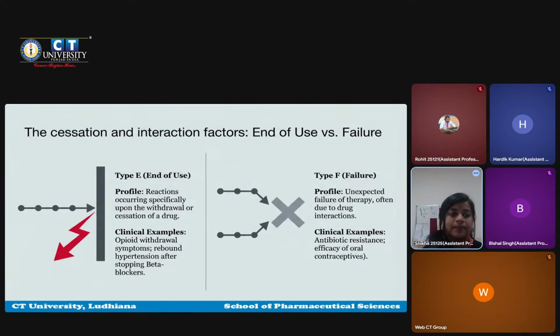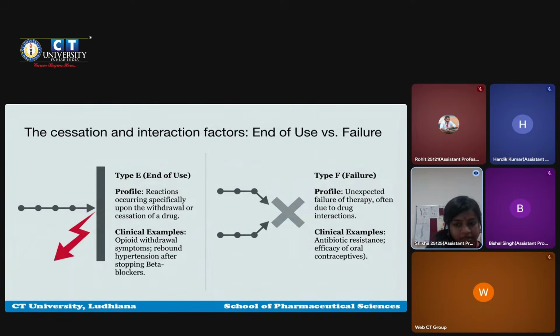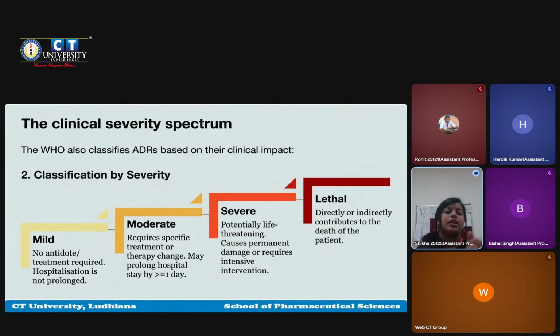Next one is the clinical severity spectrum. Now what we have discussed previously was the classification according to types, alphabetic basically. Next we will do the clinical severity spectrum. This classification is based on severity.